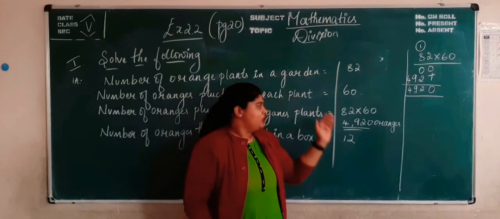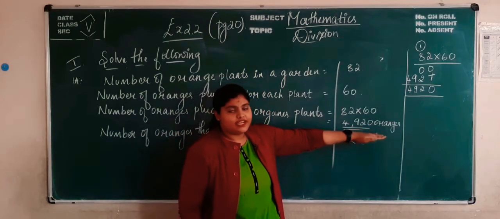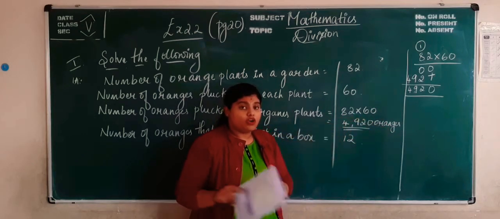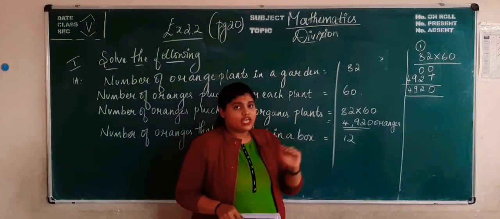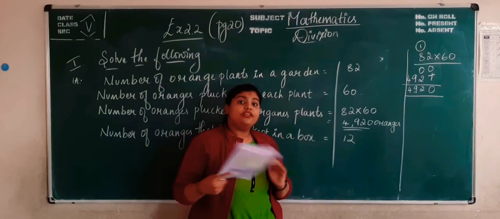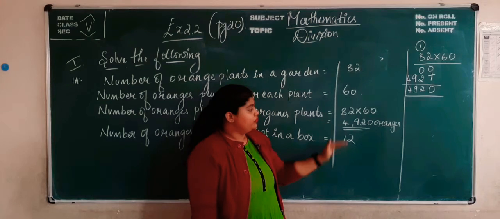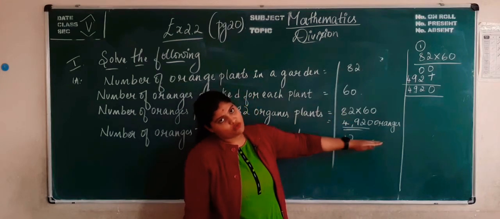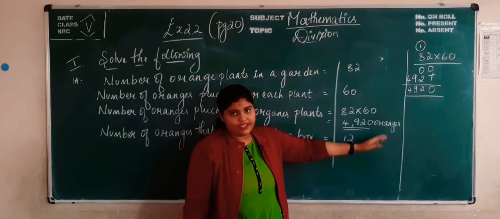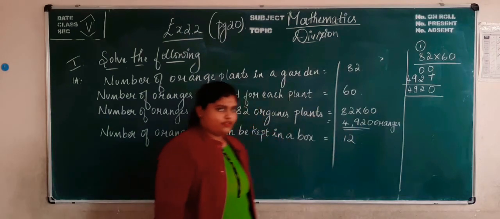We'll divide. We know that in one box I can keep only 12 oranges. So in order to find out how many boxes are required, we'll divide the total number of oranges, that is 4,920 divided by 12, right?